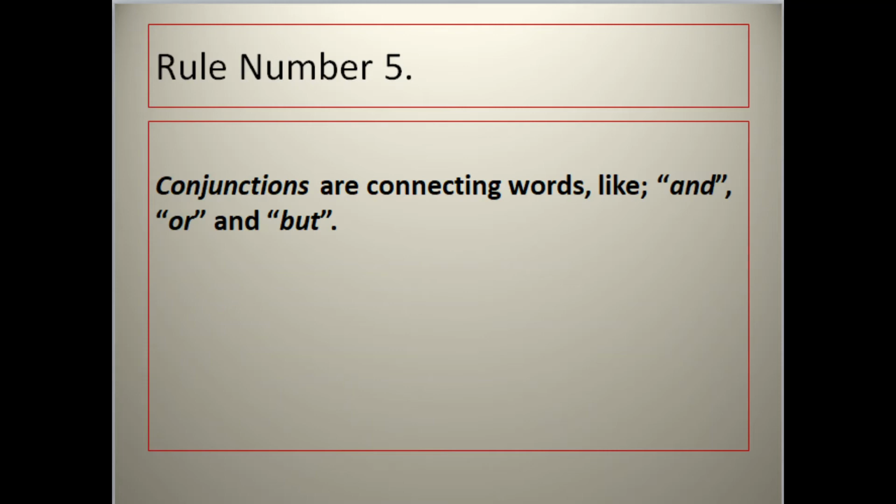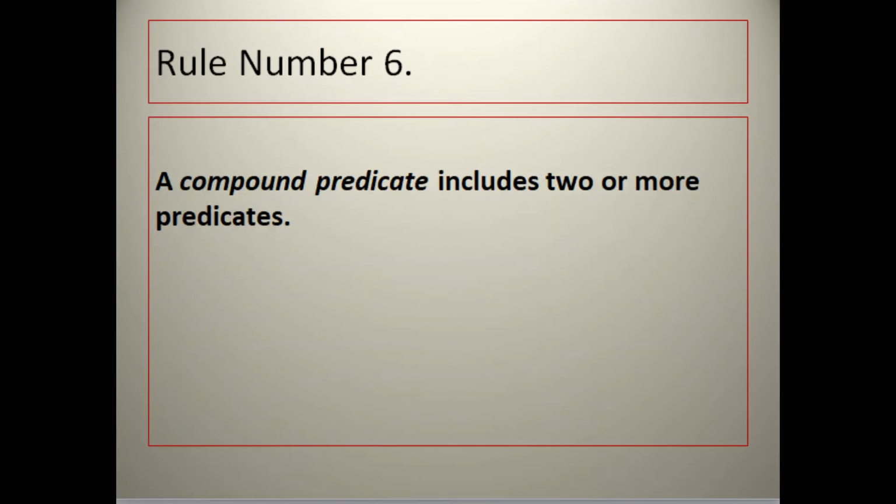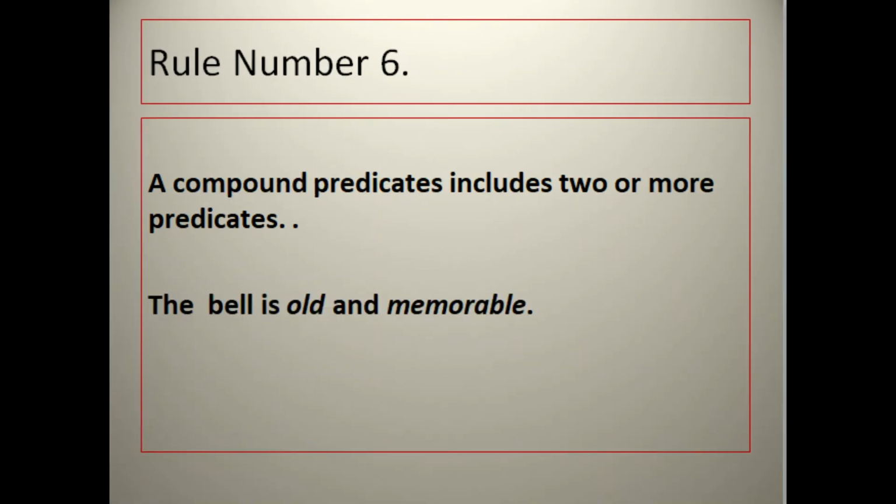Conjunctions are connecting words like and, or, and but. Example, the bell is old and memorable. This sentence contains one simple subject and two simple predicates.